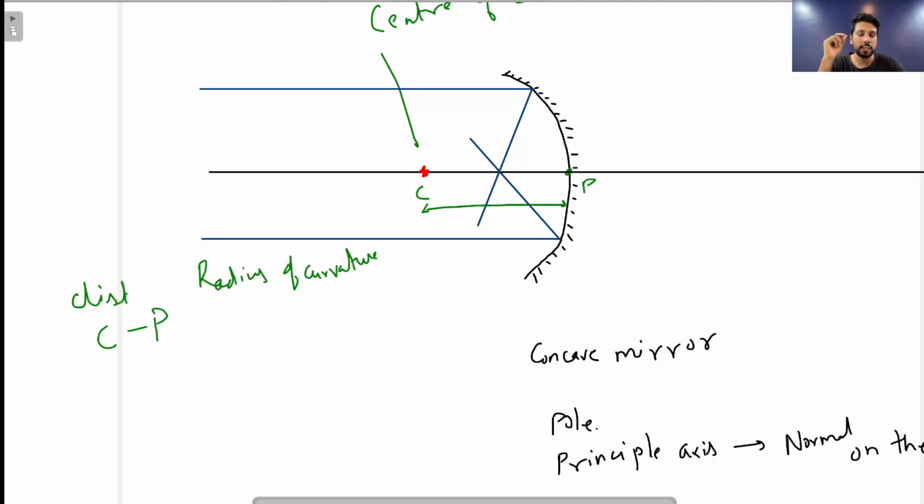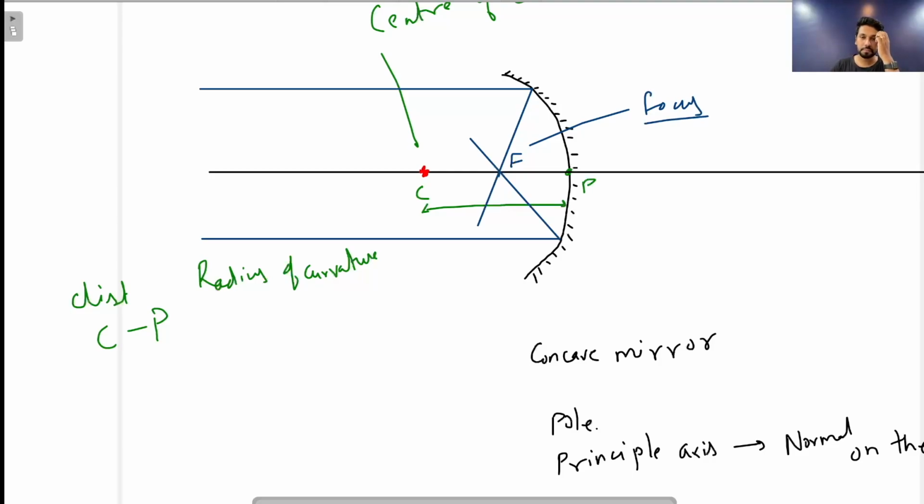That point is known as focus, represented by capital F.